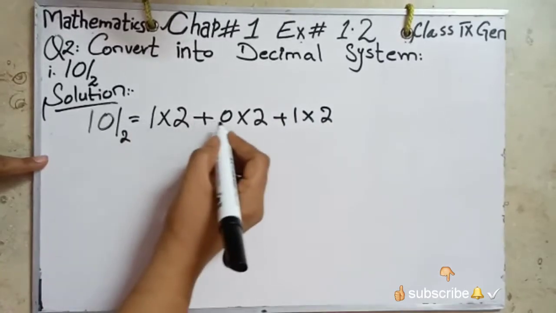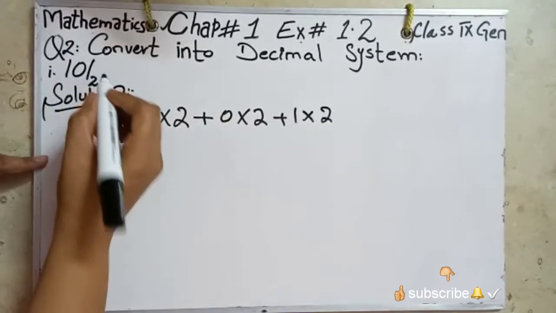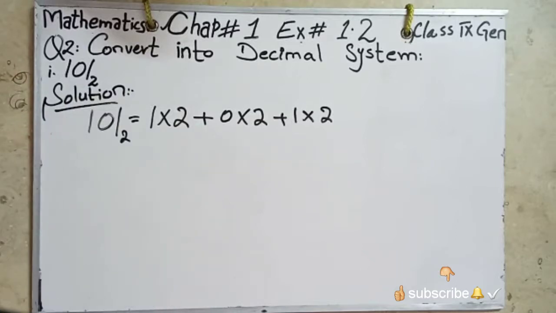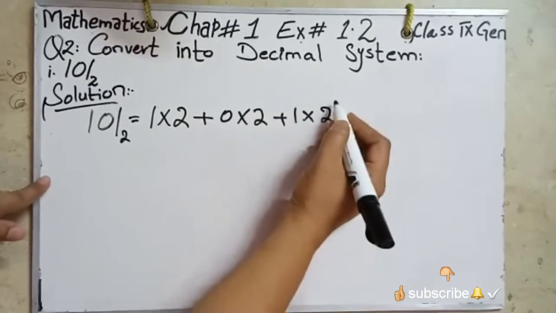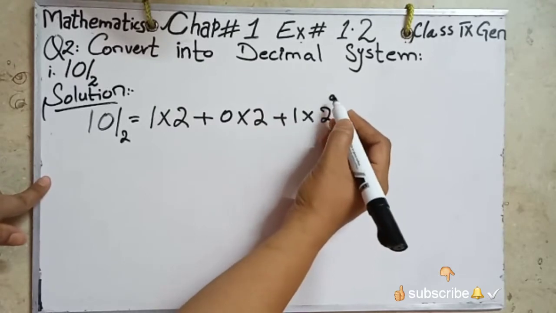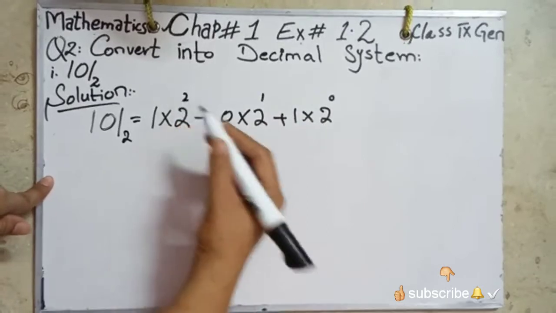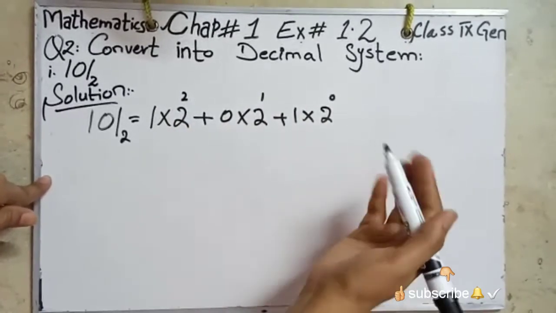Correct? 101. First step, we write left to right side, then put the power 0, power 1, power 2. We put the powers right to left side.